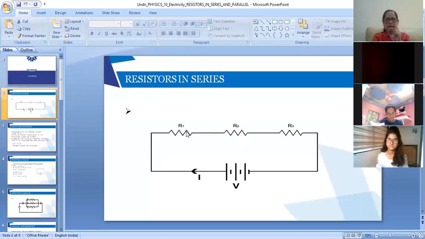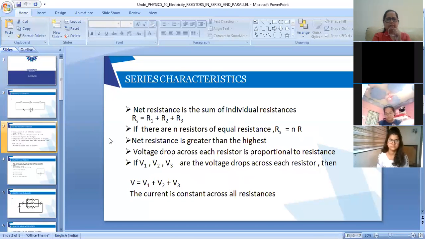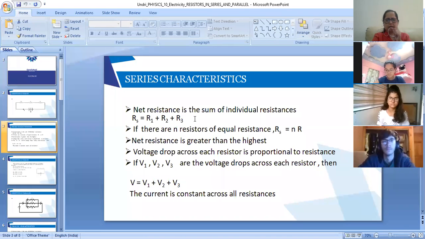So in a series circuit, what are the main characteristics? Net resistance is given by RS equal to R1 plus R2 plus R3. Net resistance is always greater than the highest resistance. The voltage drop across each resistor is proportional to the resistance, so more the resistance, more will be the voltage.